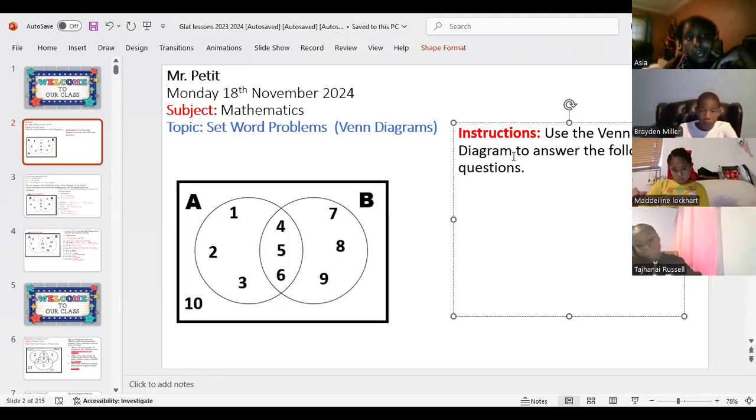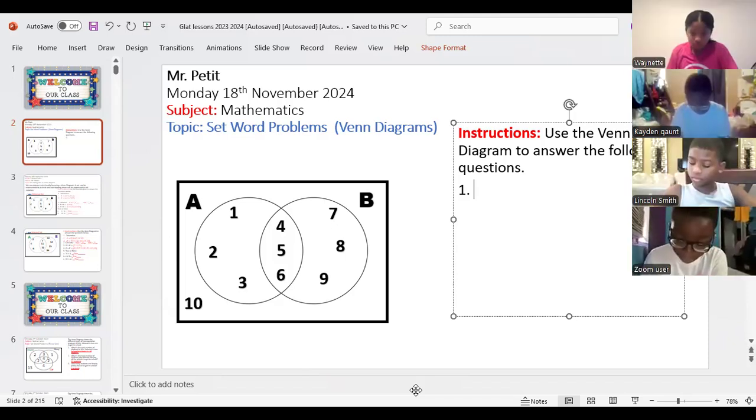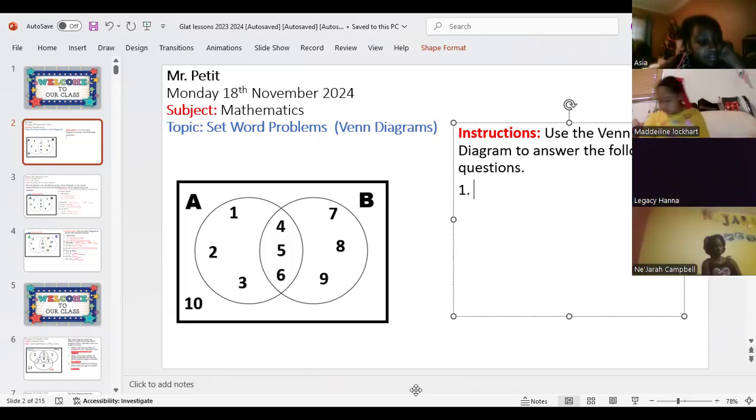Mr. Petit, may I get a ruler, please? Yes, we can. So, Madeline, how do your circles look? I'm drawing my circles right now. Okay, and Asia, how do your circles look? Kind of good.